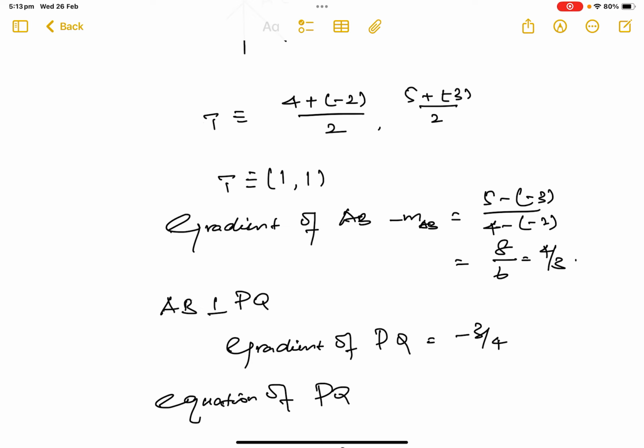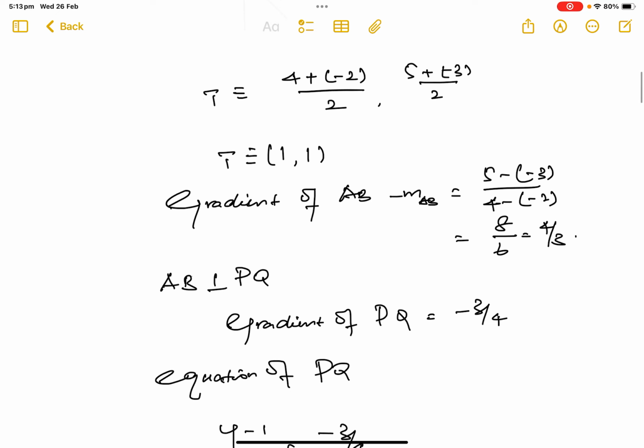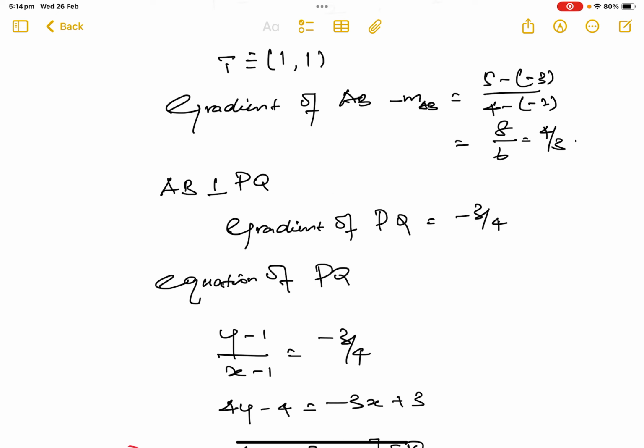So the gradient of AB is 4 over 3. But because of the square, AB and PQ are perpendicular. Therefore, the gradient of PQ is minus 3 over 4, because of the m1 m2 equals -1 formula.